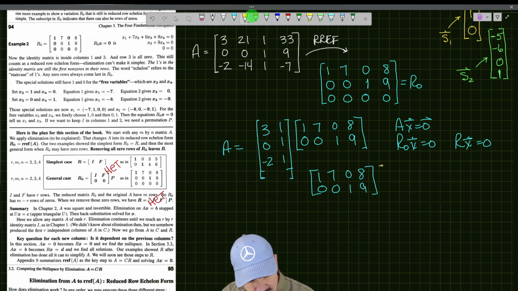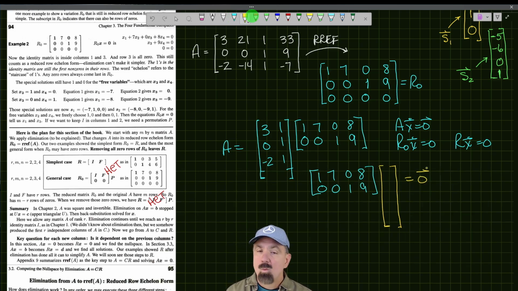What do we need for something that we can multiply by that gives us the 0 vector? We're going to do exactly what Strang recommends. It's the best approach. We are going to take the free variables, which in this case are x2 and x4, because those are the non-pivot columns.